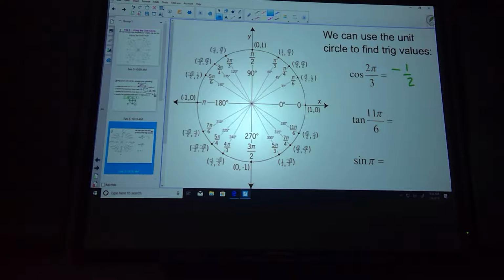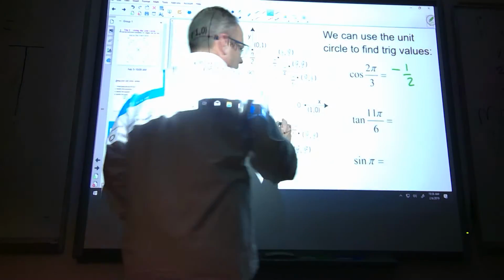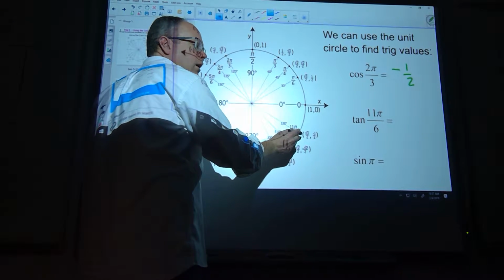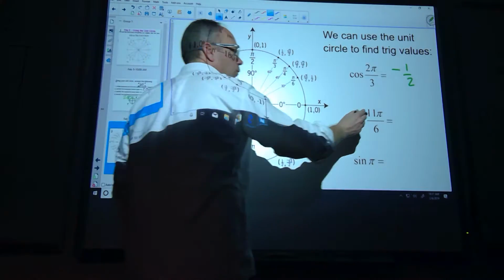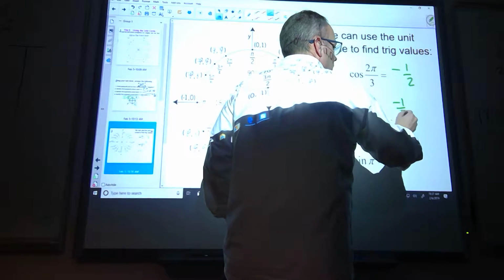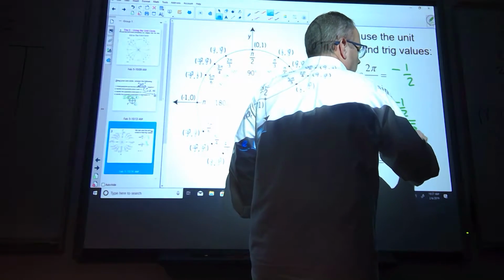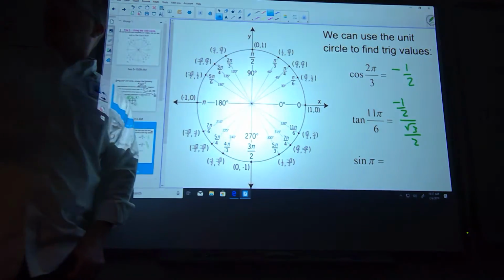And then someone had a question on this, and I hope this will clear it up right now. So let's find 11 pi over 6. 11 pi over 6 is down here. Okay? So tangent is what? Y over x. So I have negative 1/2 over root 3 over 2. So I have a fraction over a fraction.